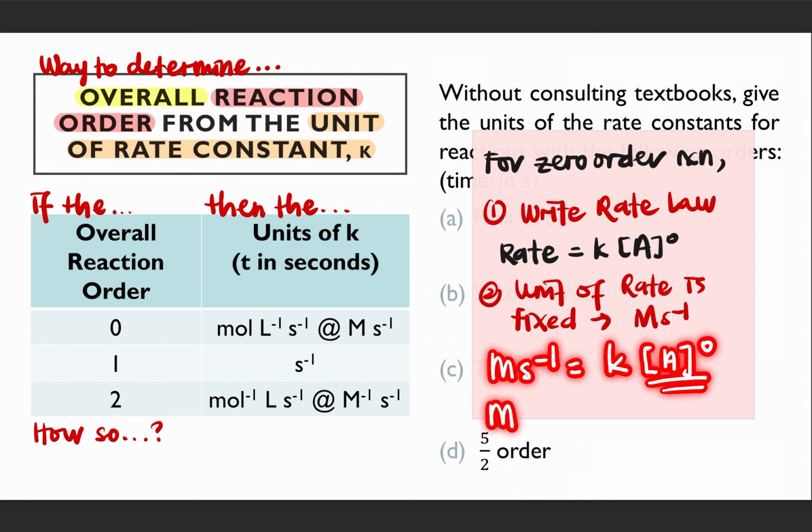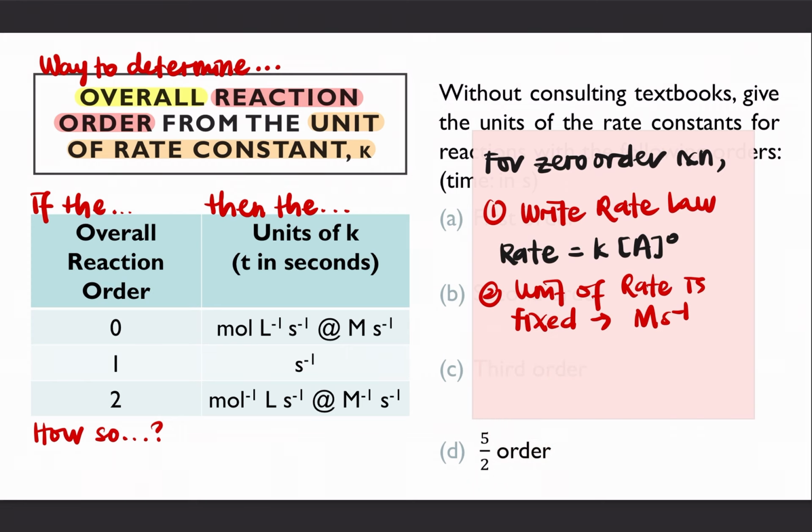So, that means the unit for K will be just molar per second. So you can try out other reaction orders: how to get per second for first order, and per molar per second for second order. Try out this example here.